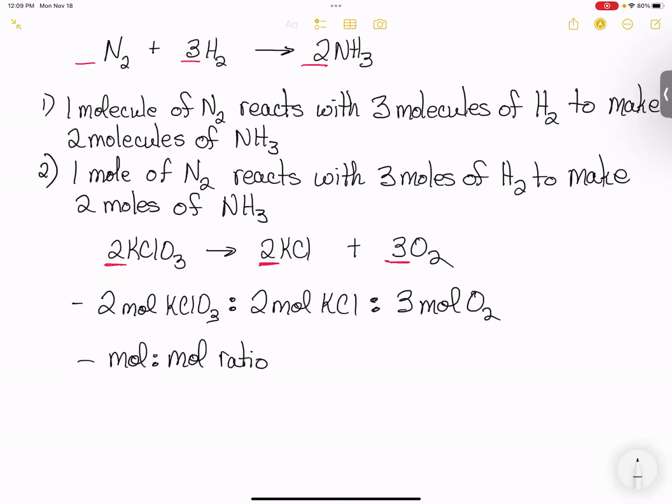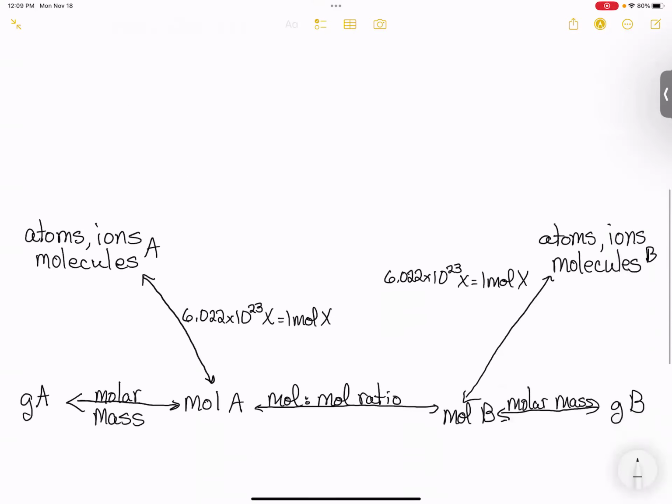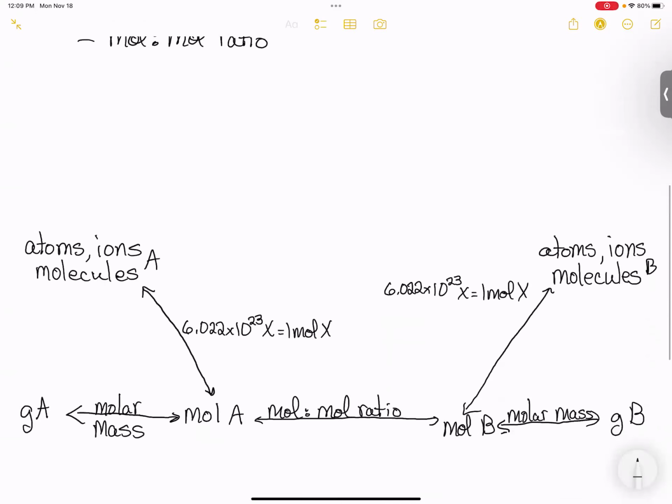Where have we used it? Well, we used it in conversions. You may remember this flow chart that we started, or that we actually finished.